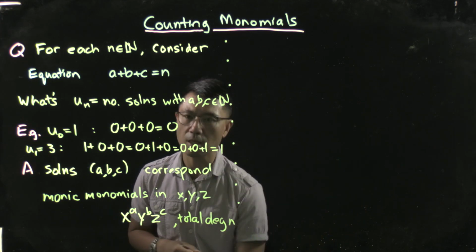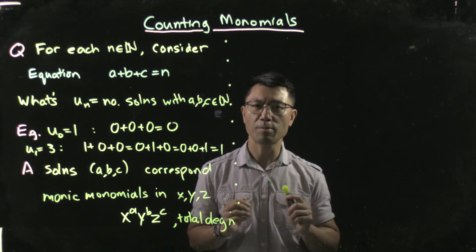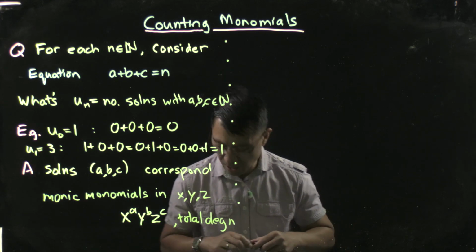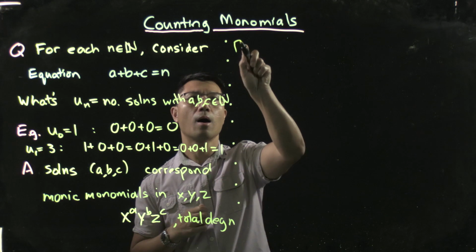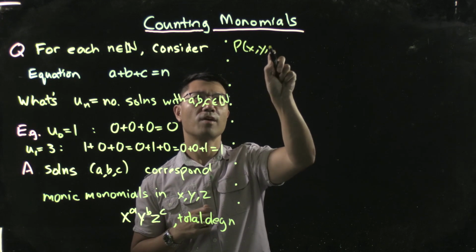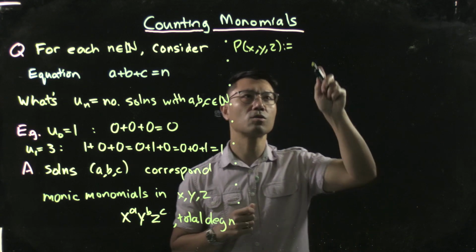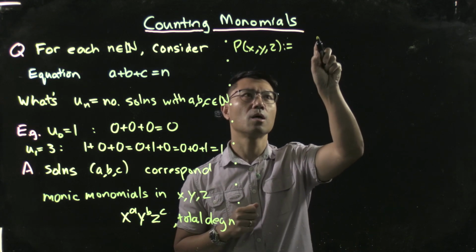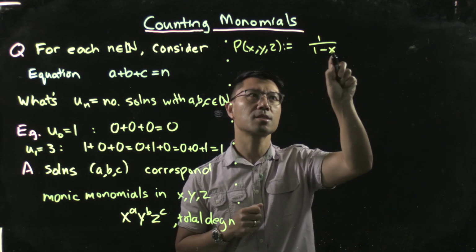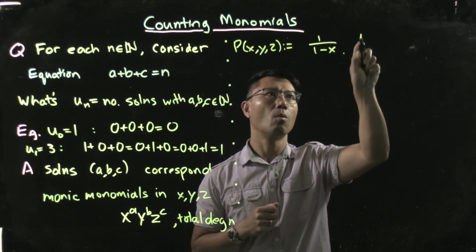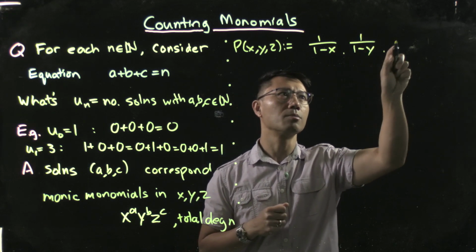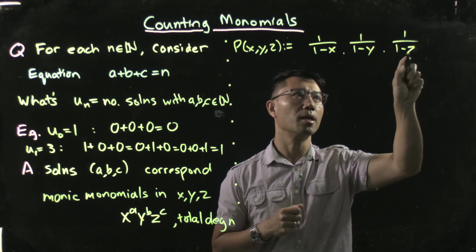What's the next thing we're going to do? Something rather interesting. We're going to look at the following function, p of x, y, z. I'm just going to define it, and it looks like it comes out of a hat at the moment. It's 1 on 1 minus x times 1 on 1 minus y times 1 on 1 minus z.